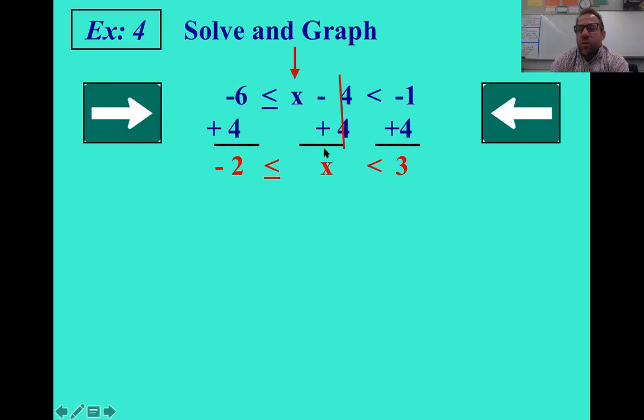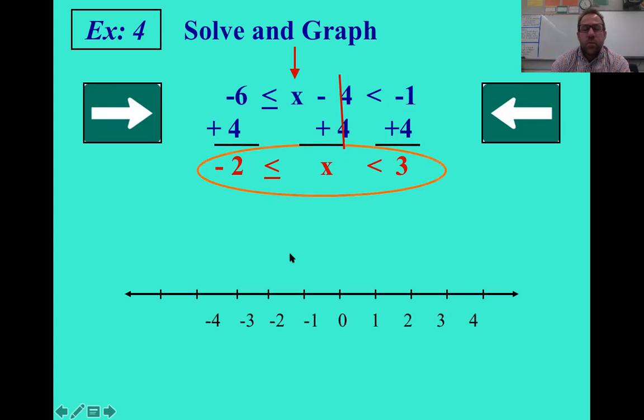Now, I have already told you this is in the middle. So your graph is going to go in. It will always go in. The graph will always go in if this is in the middle. So now I just need to go over here to -2. So let's graph it. I'm going to go to -2 right here. This has the equal sign, so I'm going to go shaded.